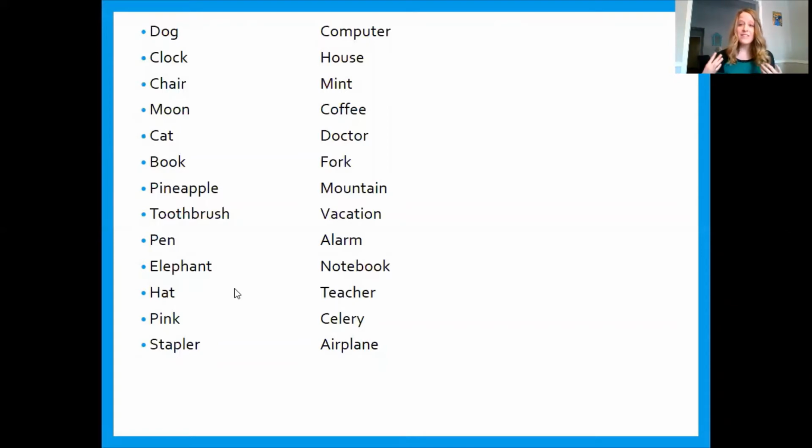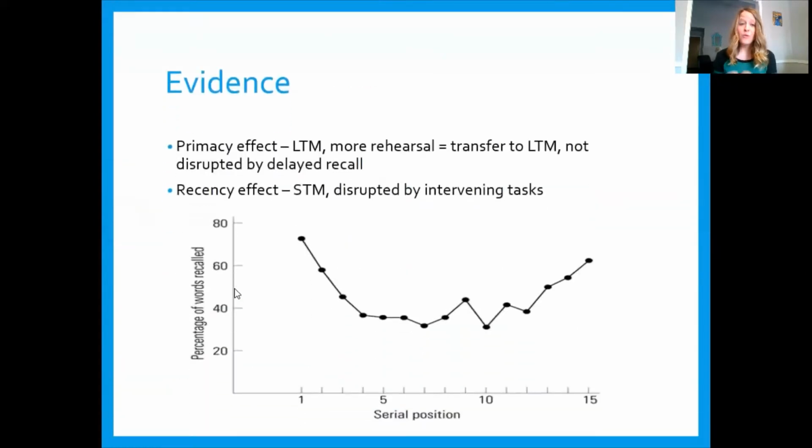And they would repeat this over and over again and keep going down the list until they got to the end. And so what this means is that some words receive more repetition than others. And so this is the explanation for performance for this first part of the serial position curve.